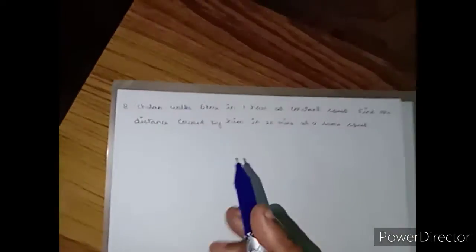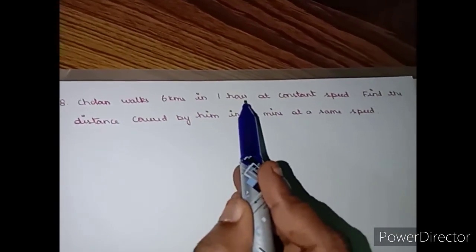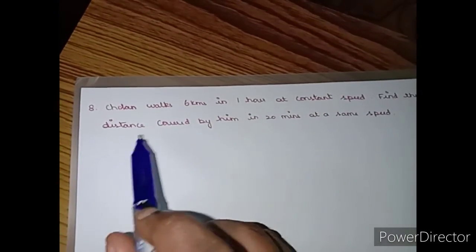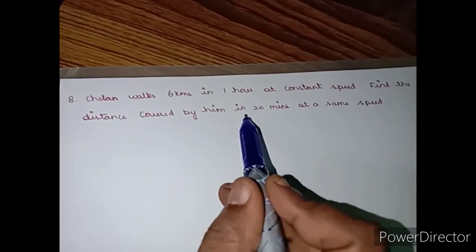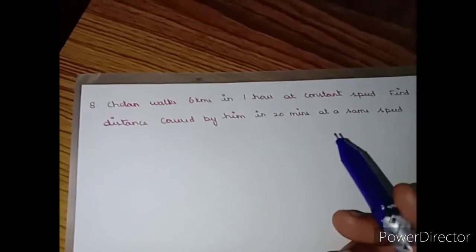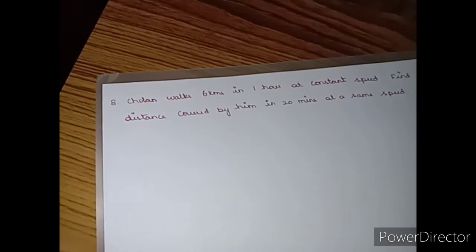See the next question. Cholan walks 6 kilometers in 1 hour at a constant speed. Find the distance covered by him in 20 minutes at the same speed. So this also comes under the same type, which is the unitary method. Here also we'll go with the shortest method.